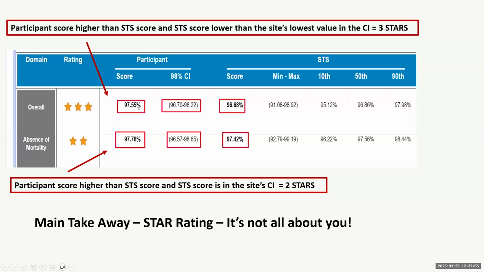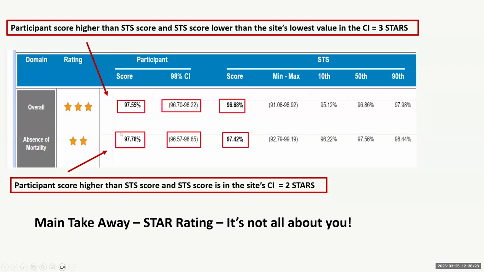So your score is higher than the STS score, okay, so that's good. And the STS score is lower than the site's lowest value in the credible interval. See, your lowest value in your credible interval is 96.7. The STS score is 96.6. You're going to get 3 stars for that.